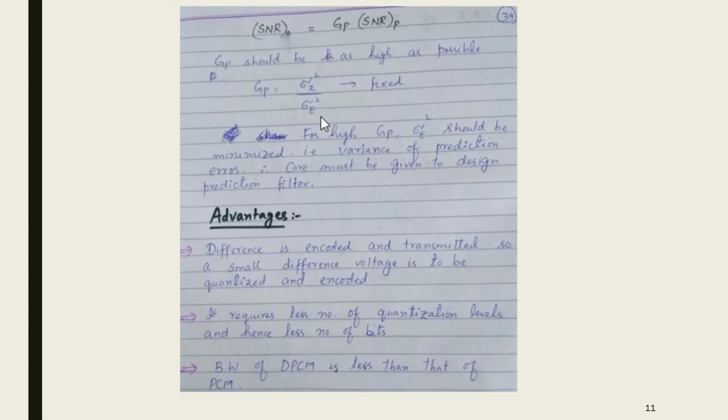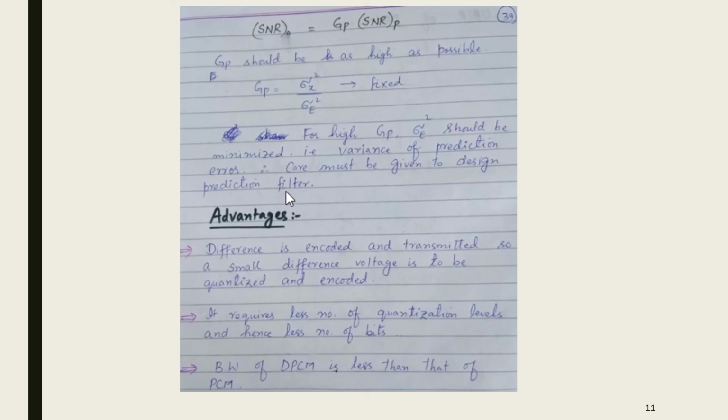We want the prediction gain to be as high as possible. However, sigma x square, the signal power, is the variance of the signal and is fixed, so the only other possibility is to reduce sigma e square so that the overall value of Gp is high. Therefore, care must be given to designing the prediction filter.